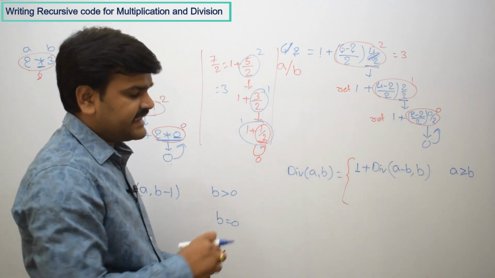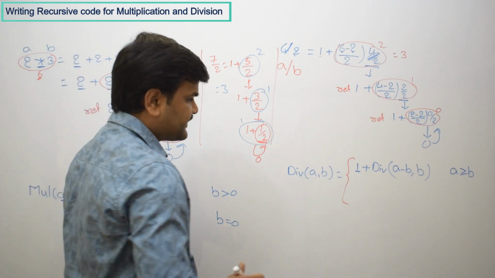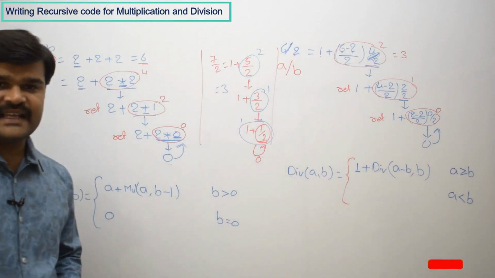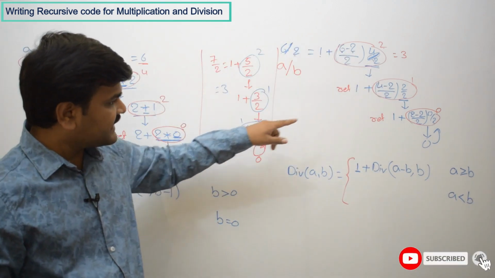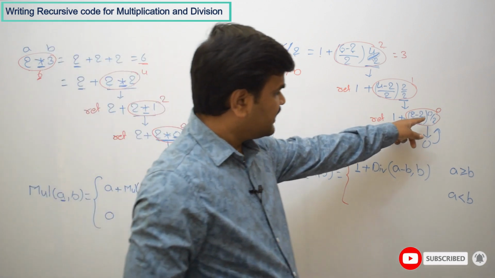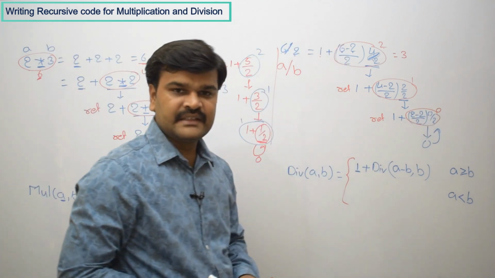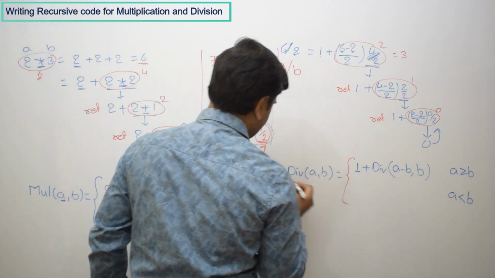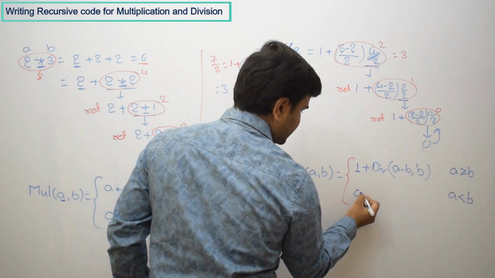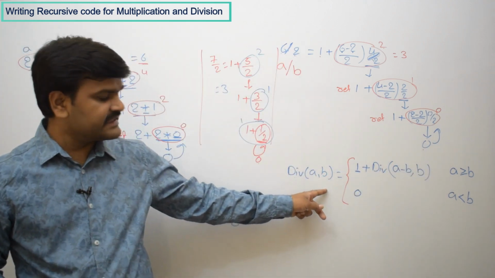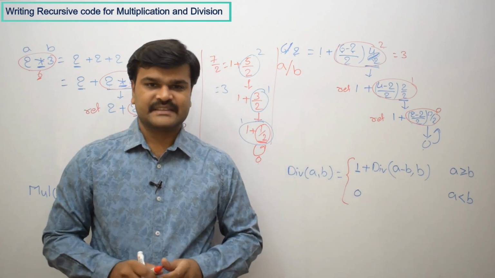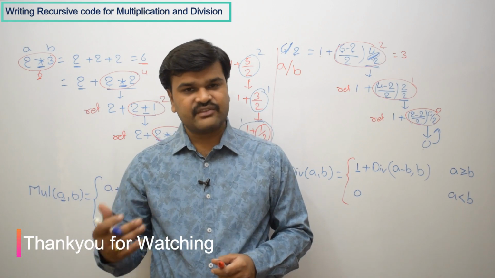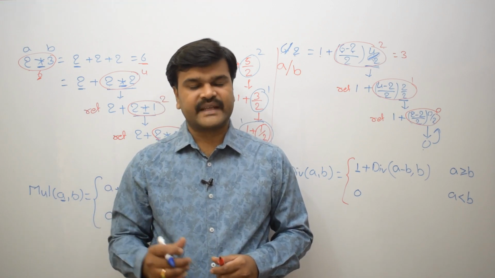Okay, so that is why A is greater than or equal to B. If A is less than B, or even there 0 is less than B, that 0 is less than 2, so whenever A is less than B, we are returning 0 in both the cases. So this is the recursive equation for the division operation. In this way we can easily construct recursive codes or recursive equations, so that we will get good practice. Okay.